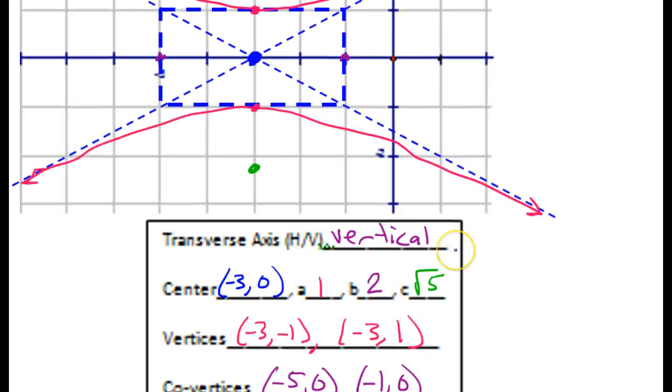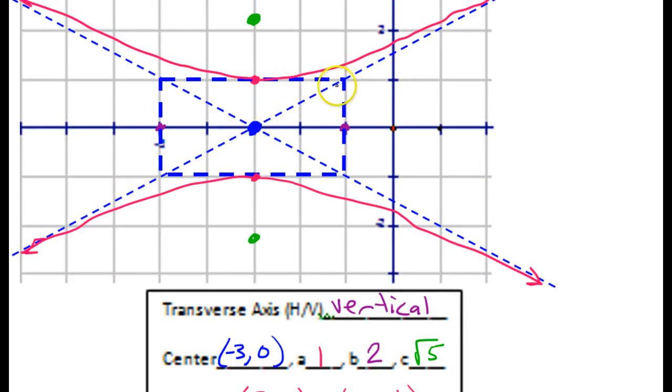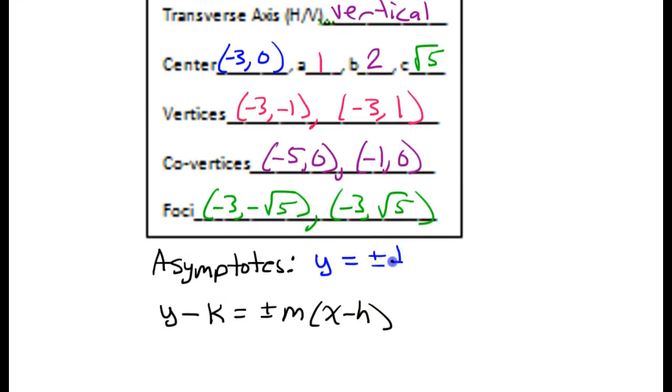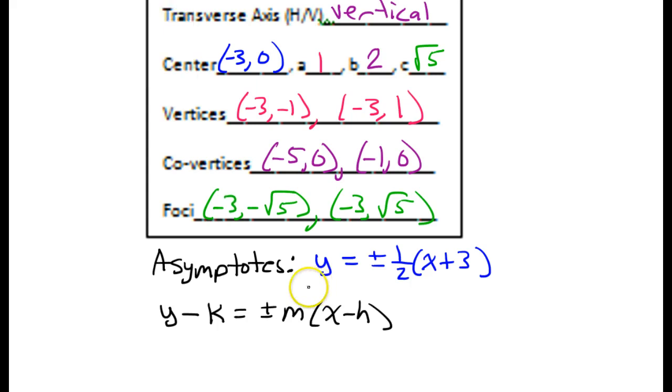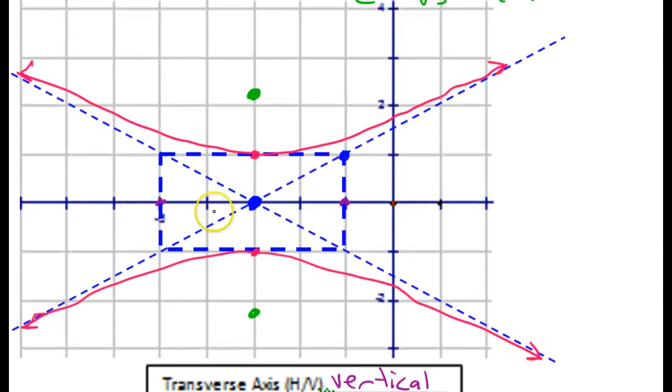Now it's time for the slope. For the slope, look at your rectangle. What's the rise and the run from the center to the corner? Well, it's up 1 over 2. So that's 1/2. So I'm going to have plus or minus 1/2. And then x minus h. So that's the opposite of this. So I'm going to put x plus 3. So this is the equation of the asymptotes. Actually, the plus or minus means it's the equation for both asymptotes. Plus for the uphill asymptote and minus for the downhill asymptote.